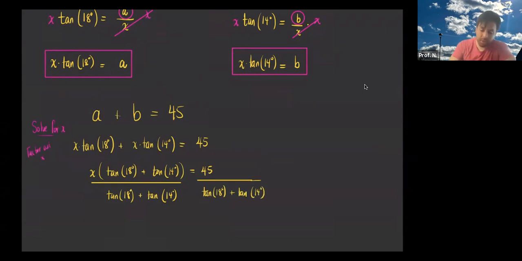And so then this whole expression, because it's all together, right? That cancels on the left side. And I'm left with x is equal to 45, and all of that is divided by tangent of 18 degrees plus tangent of 14 degrees.